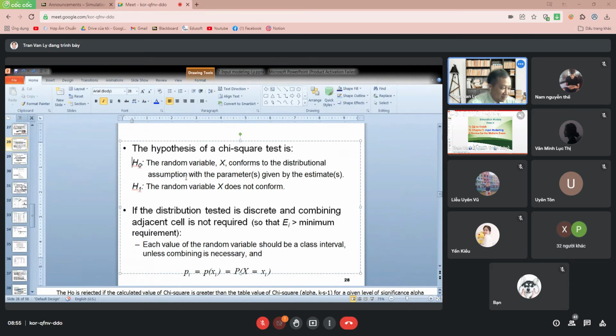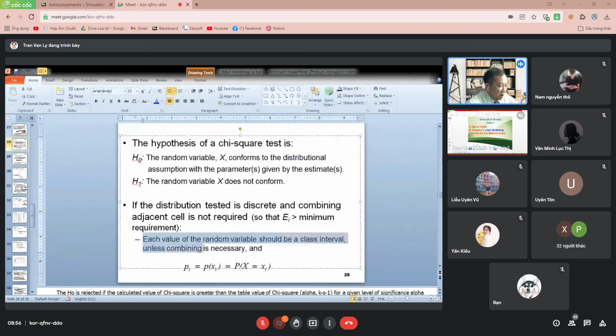You assume it conforms to such distribution and parameter. And the alternative hypothesis is that it does not conform. If the distribution test is combined as an assumption, it's not required. So we can see here, its value of the random variable should be a flat interval, unless combining is necessary.